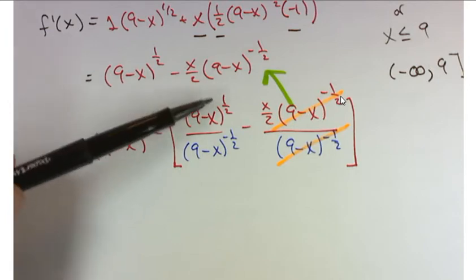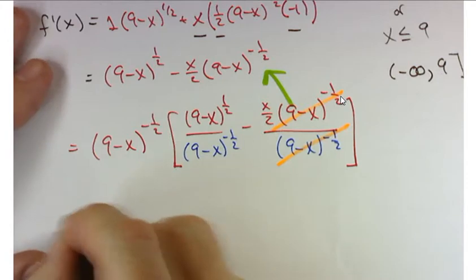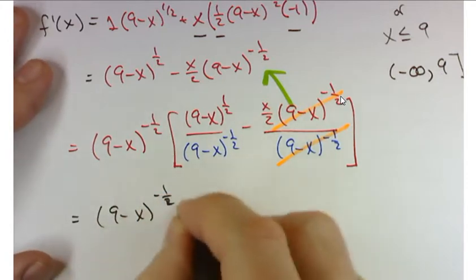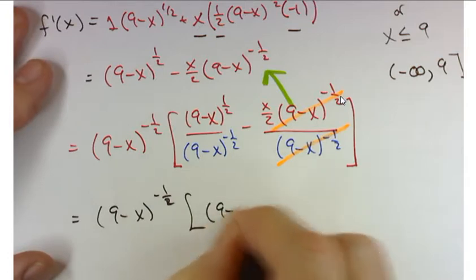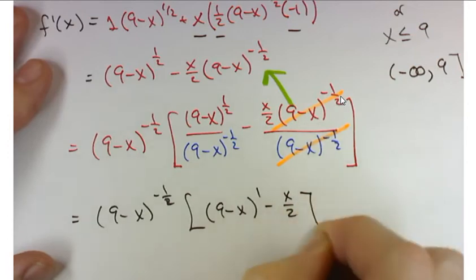So you need to subtract exponents. 1/2 minus negative 1/2 is 1. So I'm going to get something to the first power. So 9 minus x to the minus 1/2. 9 minus x to the first power minus x over 2.